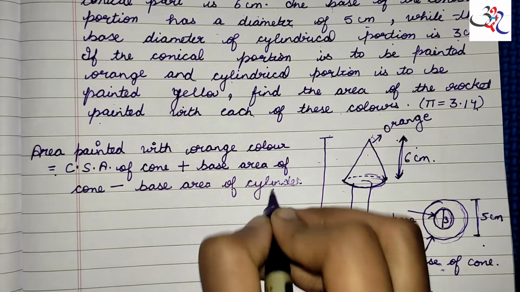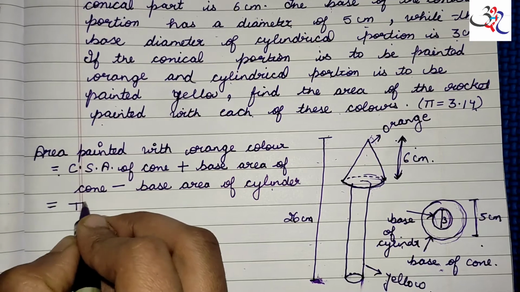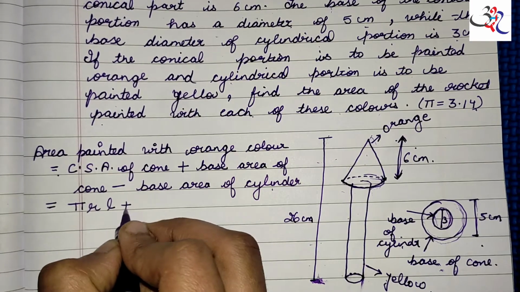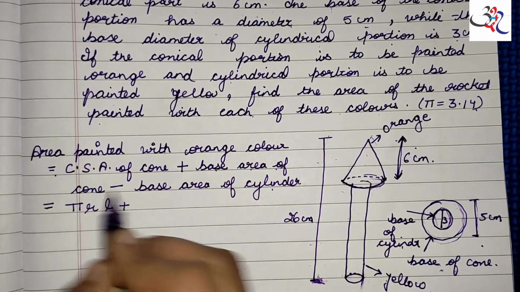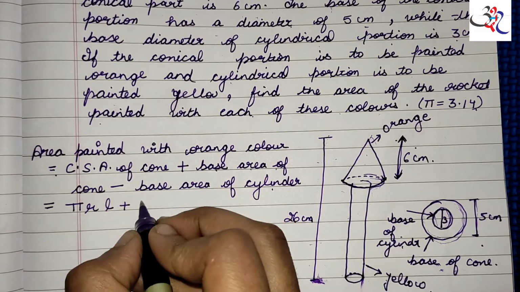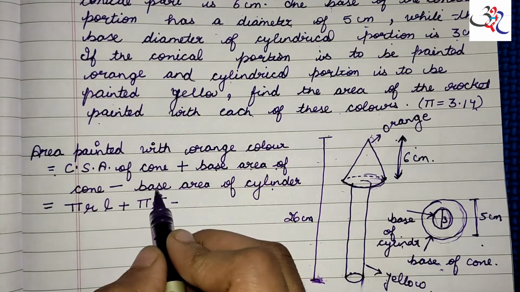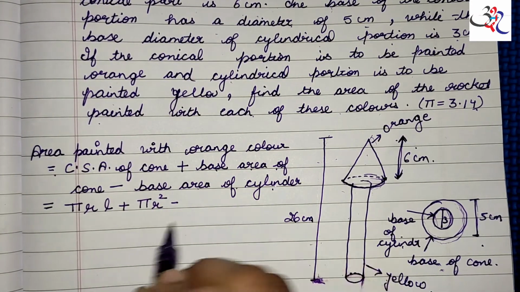Okay, so what is the formula for curved surface area of cone? Curved surface area of cone is pi r L plus base area of cone. Base area is of which shape? This is somewhat related to circle. Okay, so circle's area is what? This is pi r square. And again, base area of cylinder is what?